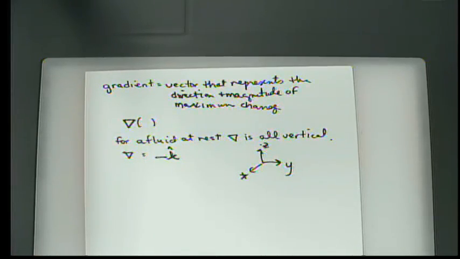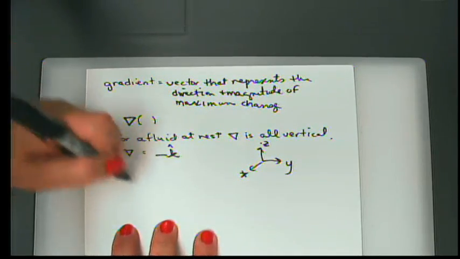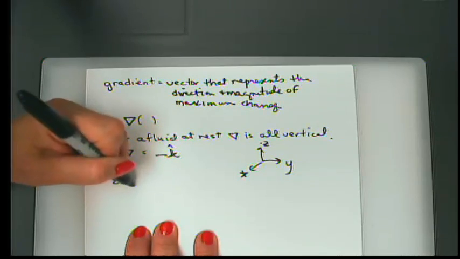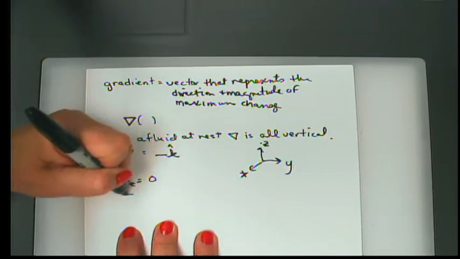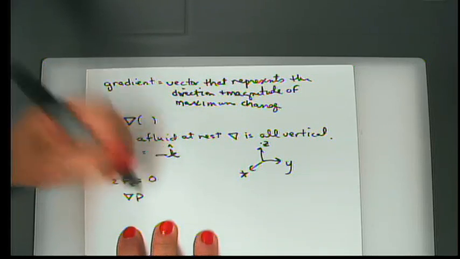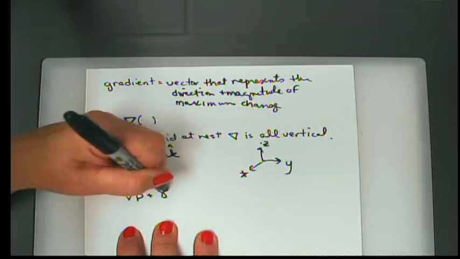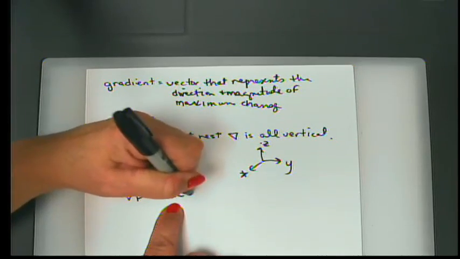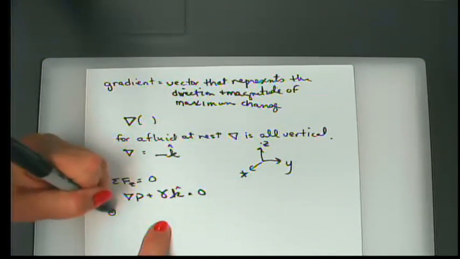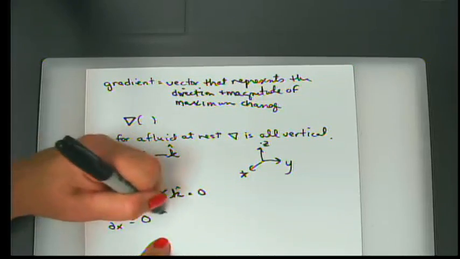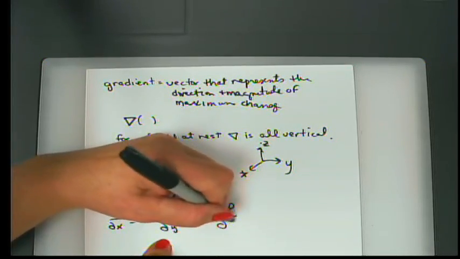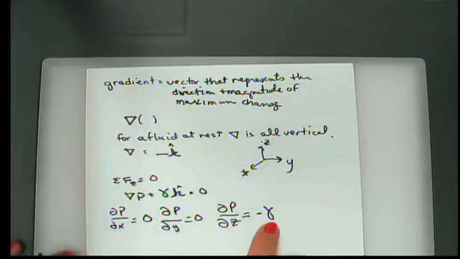All right, and if you consider going through the math, what it turns out is you get that the summation of forces in the z direction equals 0, and basically then that the gradient of pressure, or the hydrostatic gradient, plus gamma, which is the specific weight of the fluid, in the k direction, is equal to 0, because del p del x is equal to 0, and del p del y is equal to 0, and del p del z, turns out, is equal to minus gamma.